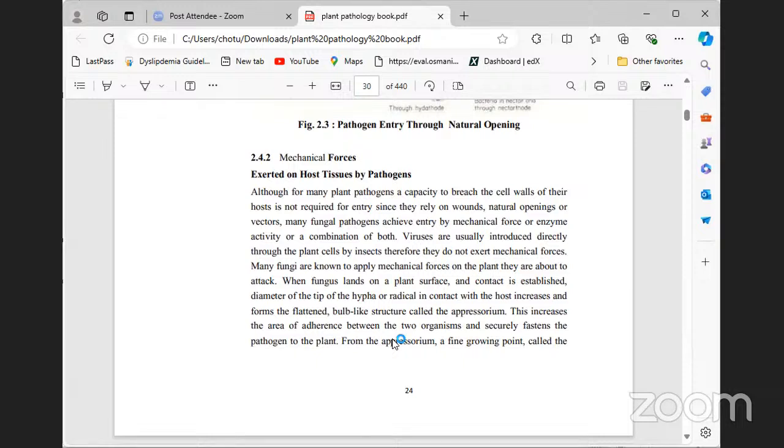many fungal pathogens achieve entry by mechanical force or enzyme activity or a combination of both.